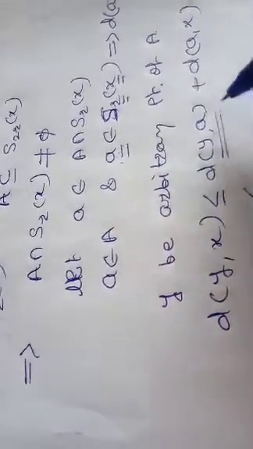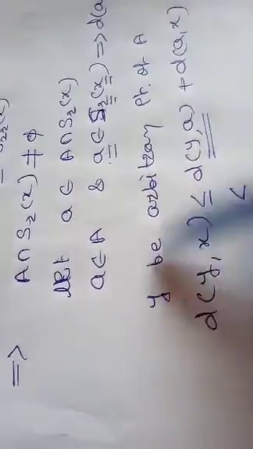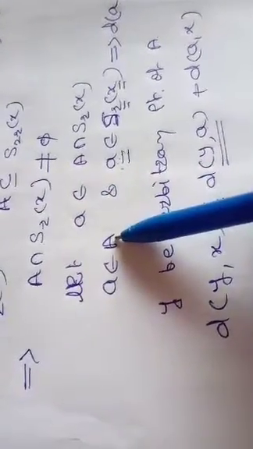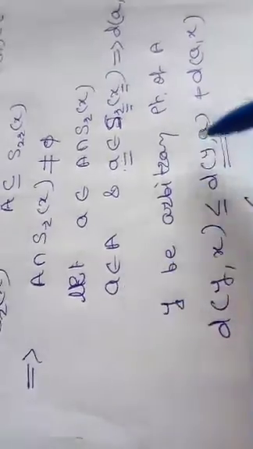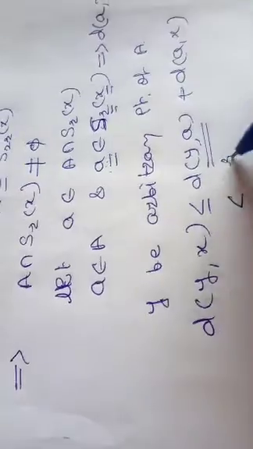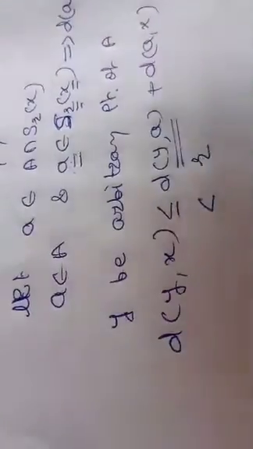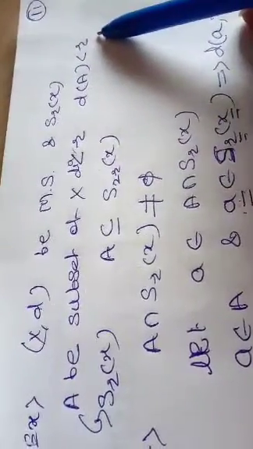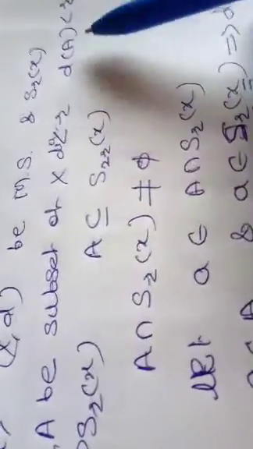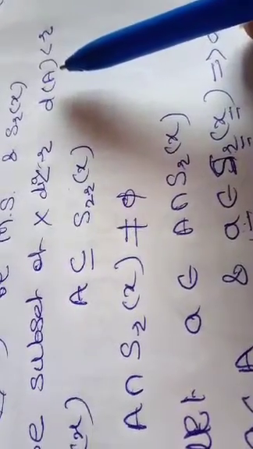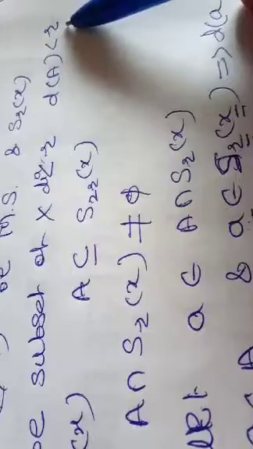Now substitute the values. In d(y, a), y is a point of A and a is also a point of A, so y and a are both points of A. Since the diameter of A is less than r, if we take any two elements, their maximum distance must be less than r.